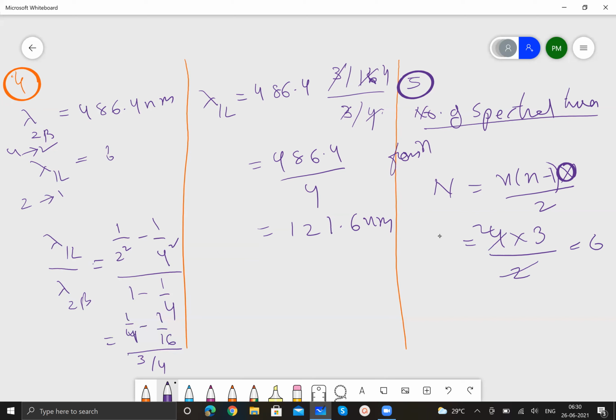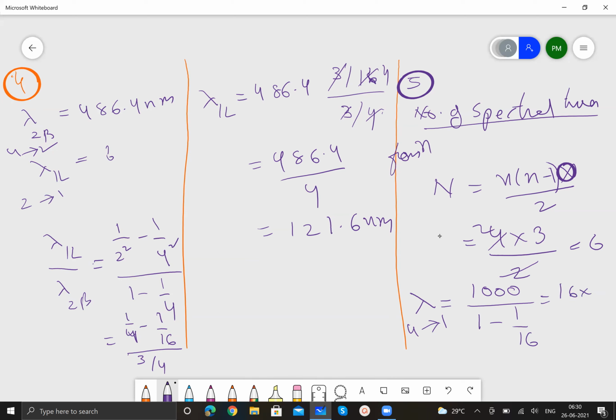And you also wanted the corresponding wavelength and the least wavelength. So the corresponding wavelength lambda is 1000 by 1 by n1 square minus 1 by n2 square. It is 4 to 1, so 1 minus 1 by 16.